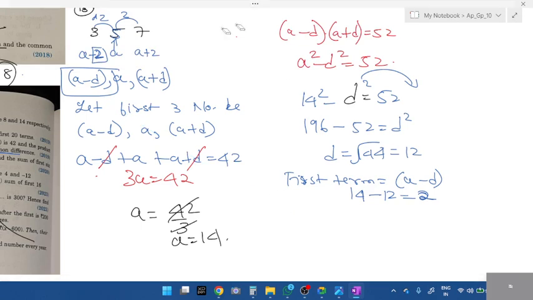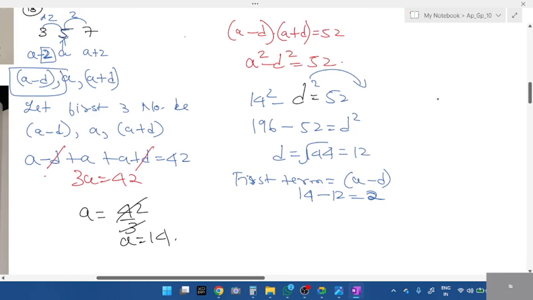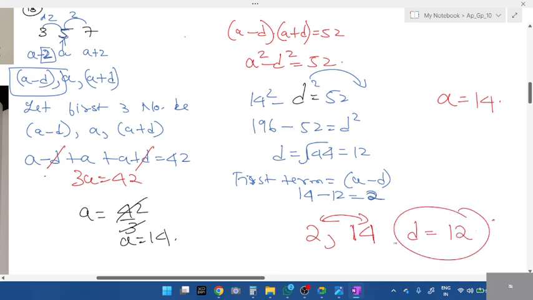So the first term is A minus D. Next, the second term we have taken as A, 14. So first term is 2, second term is 14. What is the difference between 14 and 2, students? Tell me what is the difference? 14 minus 2, D is equal to 12. First term, second term.